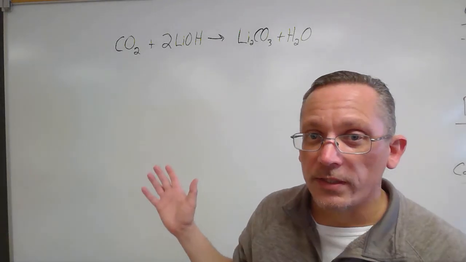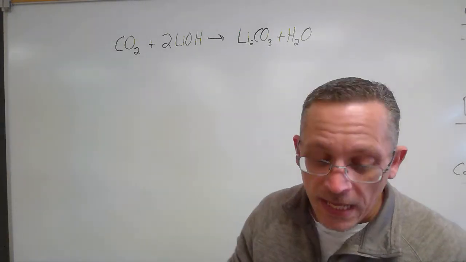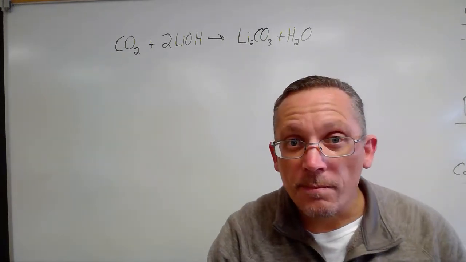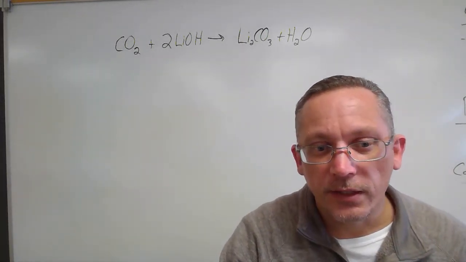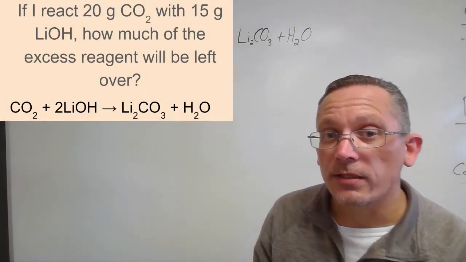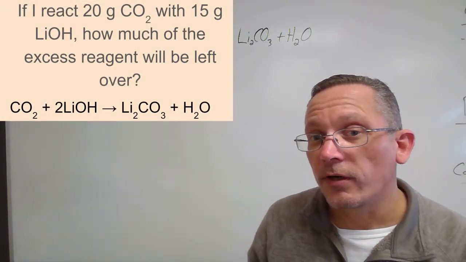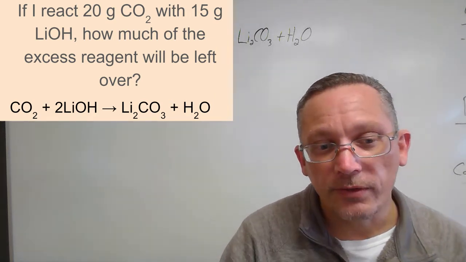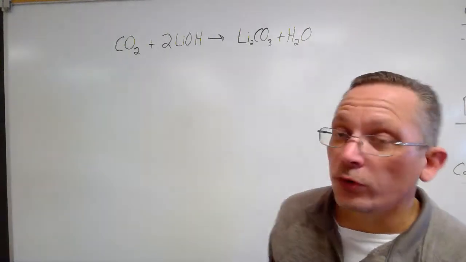Okay, let's have a look at this example, and we'll talk about how to figure out how much of the excess reactant is left over. This is the same example as we saw in the last video. It said if I react 20 grams of carbon dioxide with 15 grams of lithium hydroxide, how much excess reactant will be left over? And here I have the chemical equation up here.